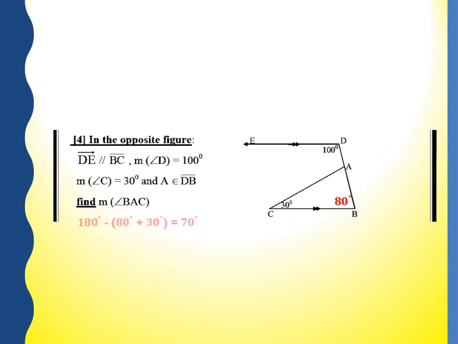And in triangle ABC, I have the measure of two angles, and I can find the third angle by subtracting from 180. Then measure of angle BAC equals 180 minus (80 plus 30) degrees, which equals 70 degrees.